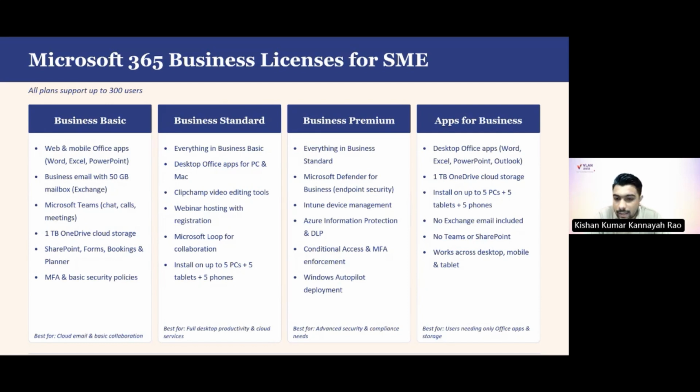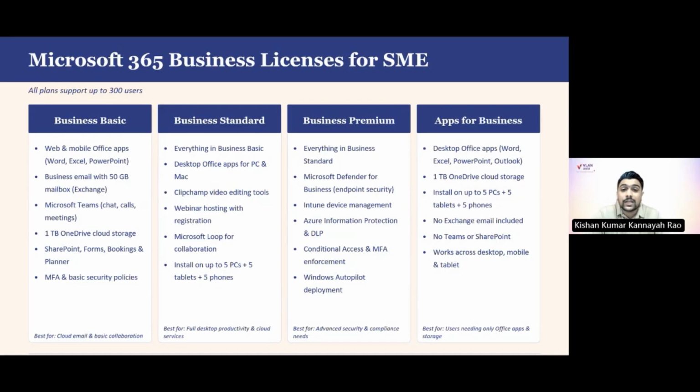There'll be a team that usually works on Excel, Word, documents and everything all the time, which needs to be synced across multiple departments. That's Business Standard, if you're looking for all the desktop applications.